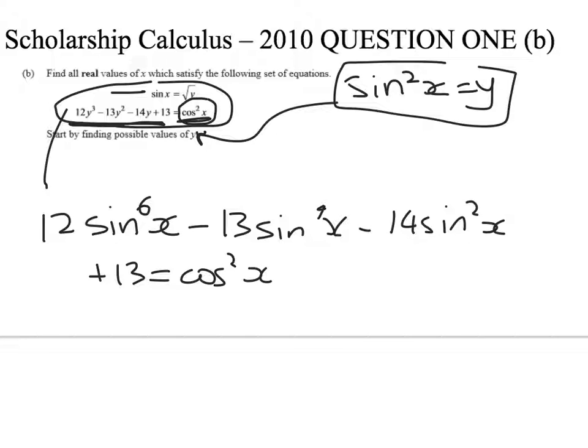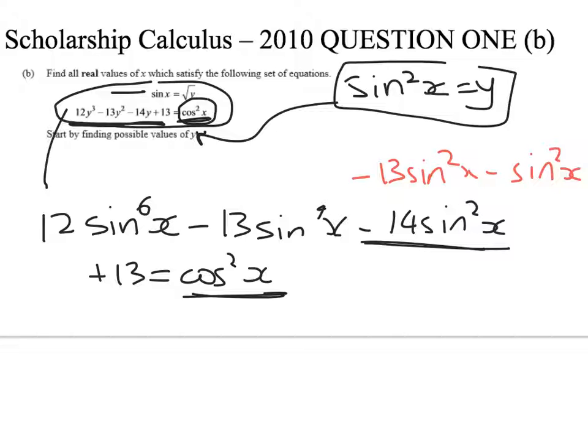Now I'm going to come back and rewrite that as y in a couple more steps. So we're not going to work with an equation with sine x to the power of 6. But for now, what I looked at was I've got cos squared here, and I've got minus 14 sine squared x here. Now I can think of that as minus 13 sine squared x minus another one.